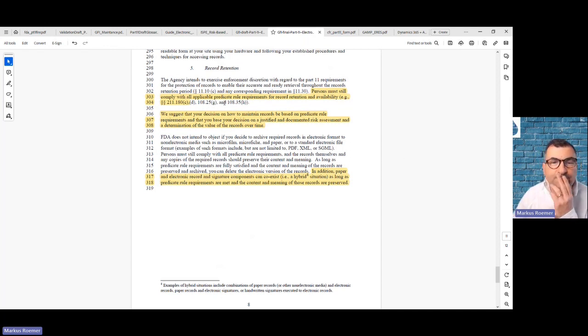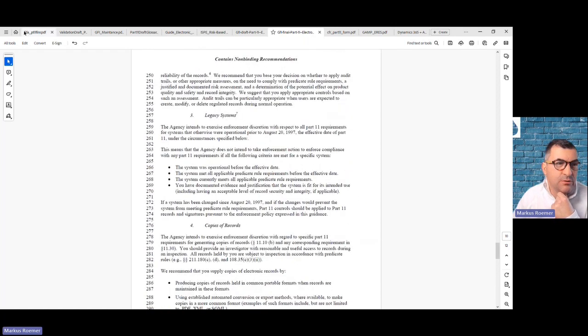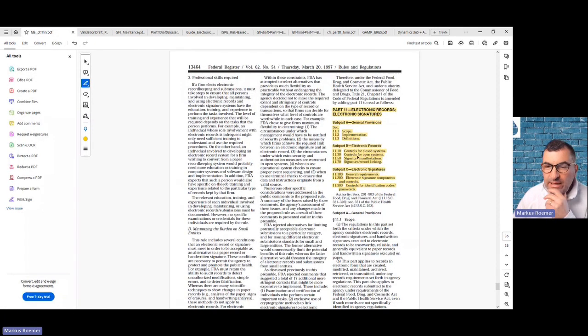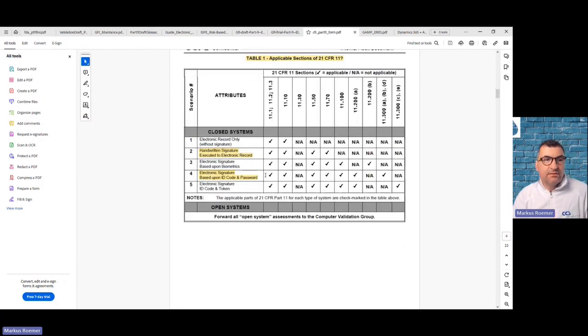I must also say, if you have a view on the final rule here, the different sections, I think it's very important to understand whatever solution you are looking at and whatever you design. You can still say we use a handwritten signature on electronic records, so you have this hybrid solution.